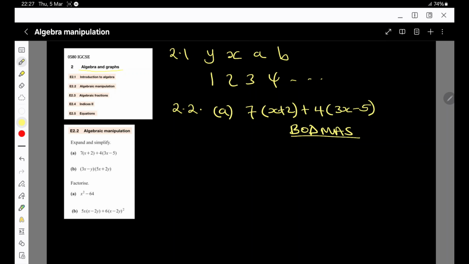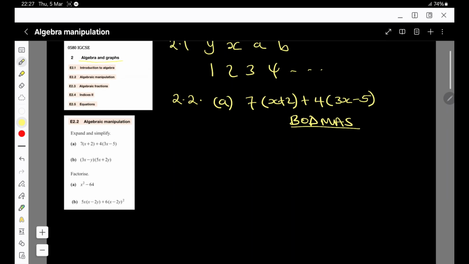So this means I'm going to multiply 7 times x, which is 7x, plus 7 times 2, which is 14, plus, let's go to the next bracket, 4 times 3, which is 12x, minus 4 times 5, which is 20. At this level, you always collect like terms, which will be those with x alone.